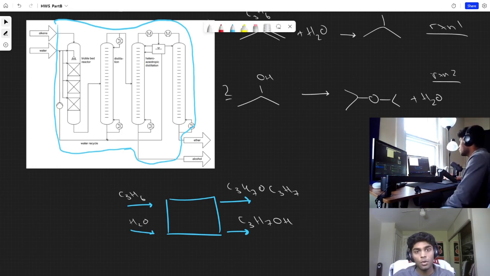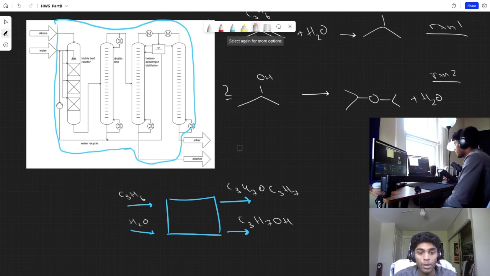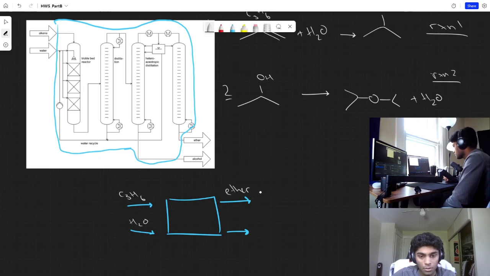So now, oftentimes as chemical engineers, we have to remember the fact that not every reaction is going to be 100% pure. And so it's not necessarily wrong to have these as how we've listed them, our diisopropyl ether here and our isopropanol. It's not wrong, but it would be more accurate if we just called these the ether product and the alcohol product.